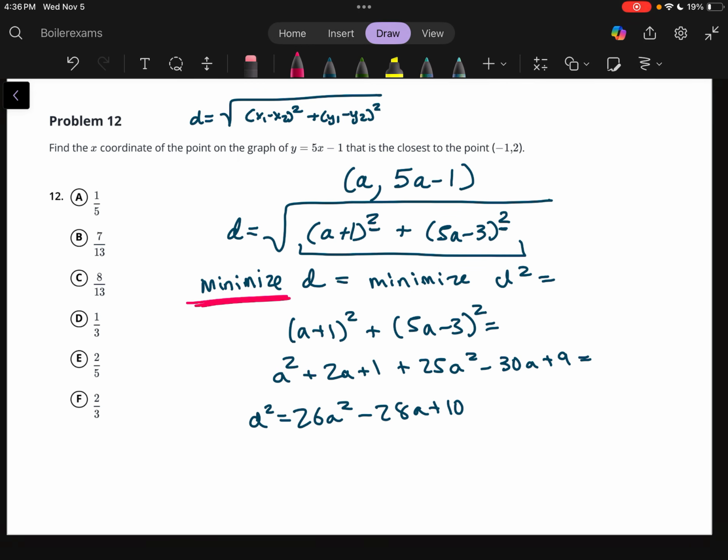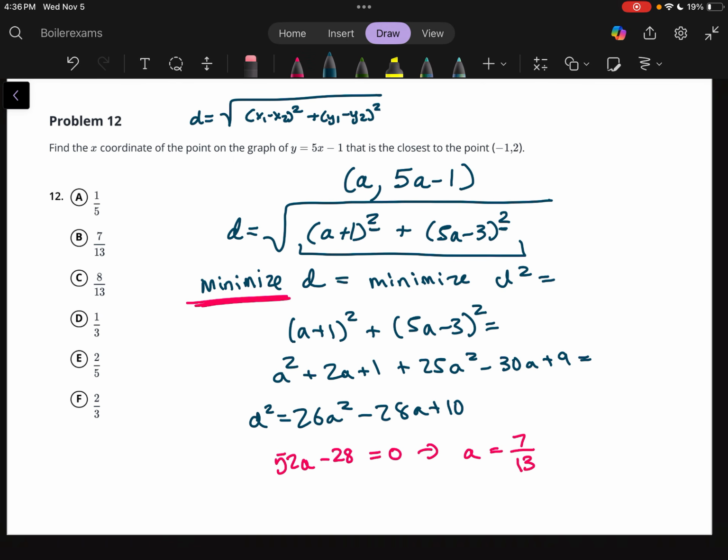So we need to find the derivative of the expression for d squared. If we take the derivative, we get 52a minus 28, and we want to set that equal to 0. Now if I solve for a, I get 7/13.